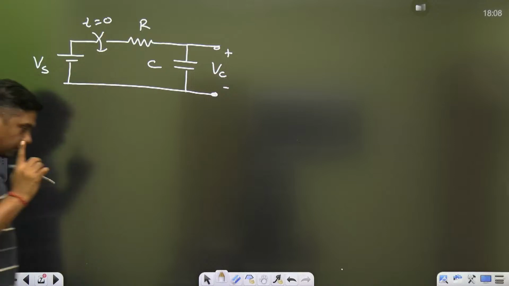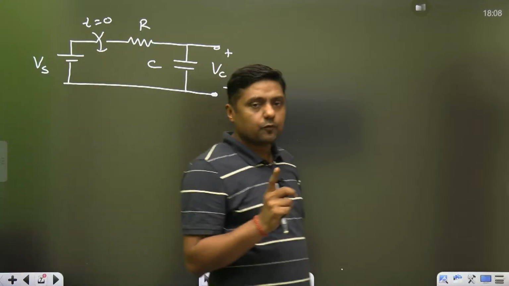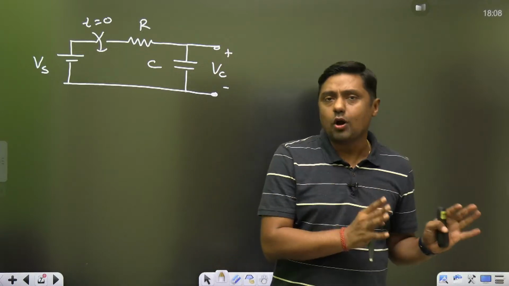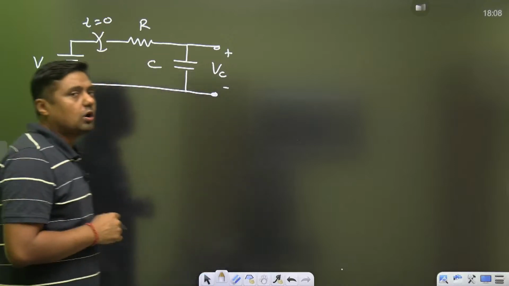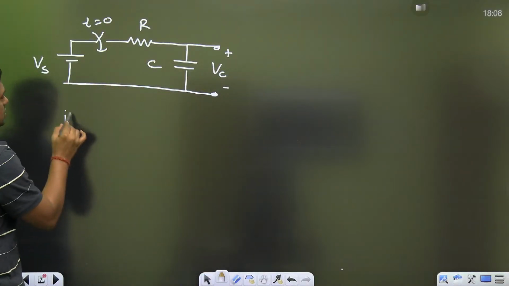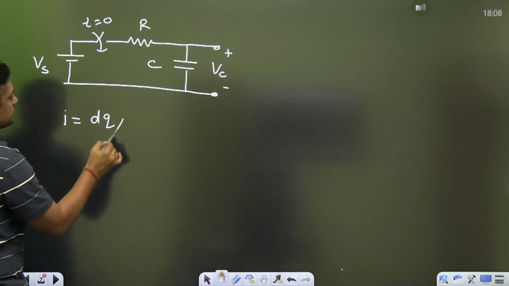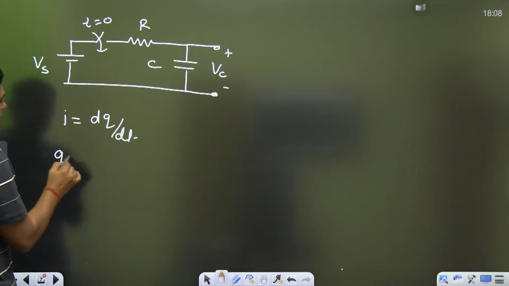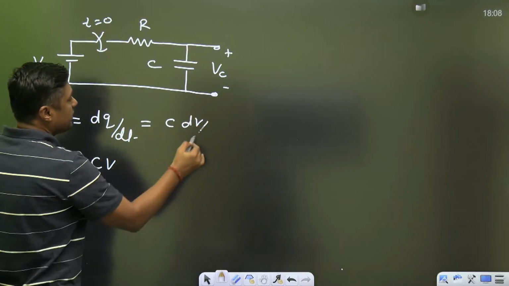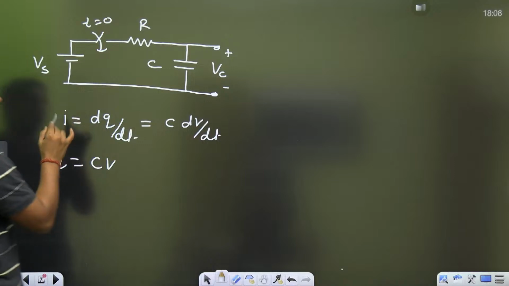First important thing, remember, capacitor does not allow sudden change of voltage. Right? Because why? Because i is equal to dq by dt. And what is the q? Cv. When we are differentiating, C is constant, so i = C dV/dt. That is the formula for the current through the capacitor.